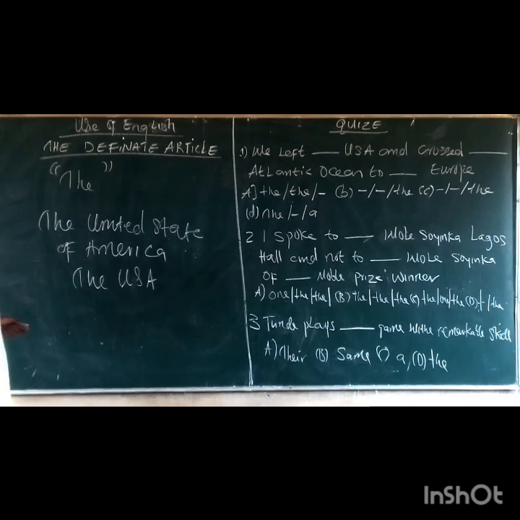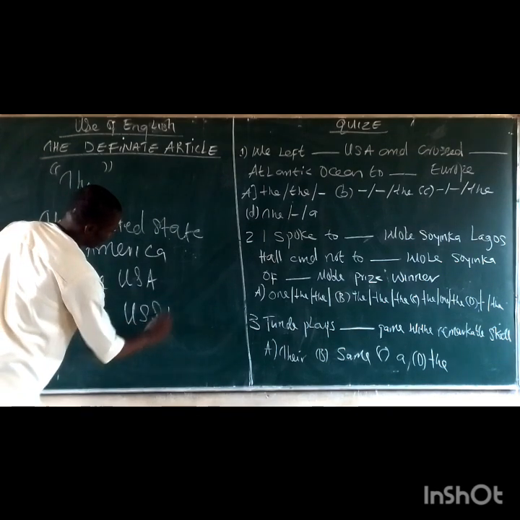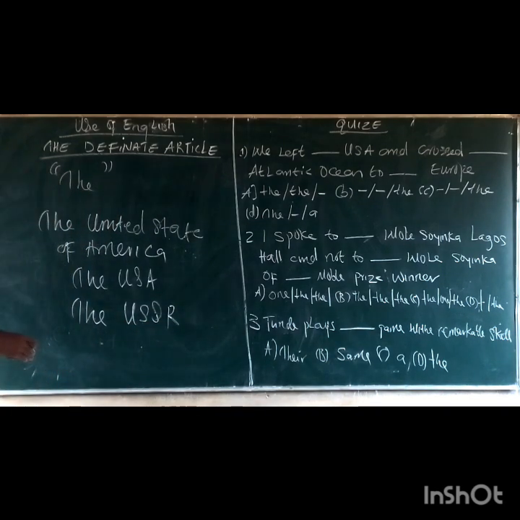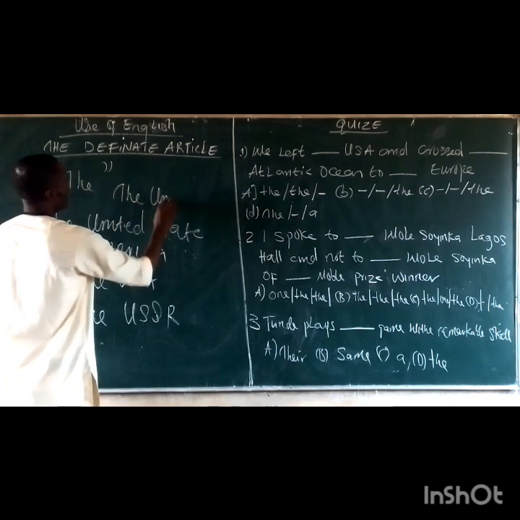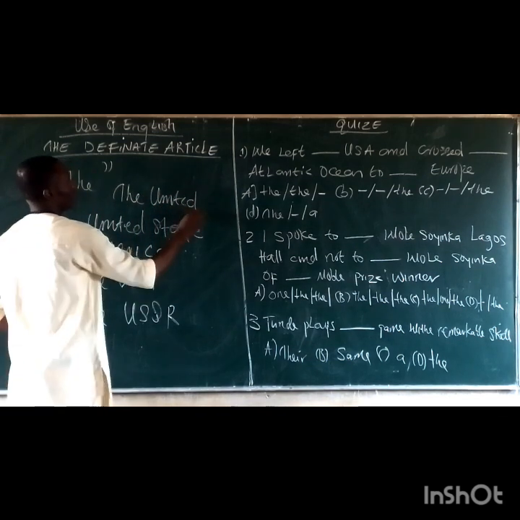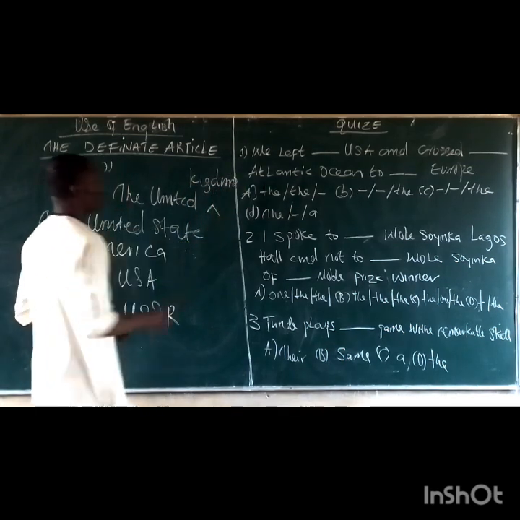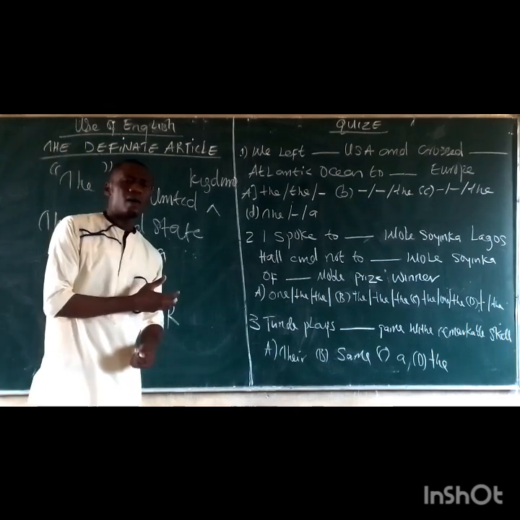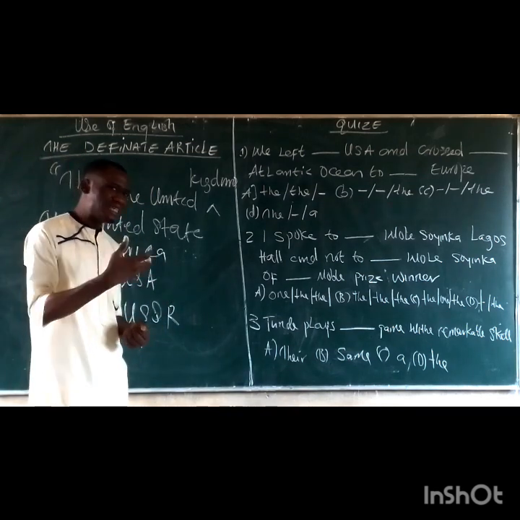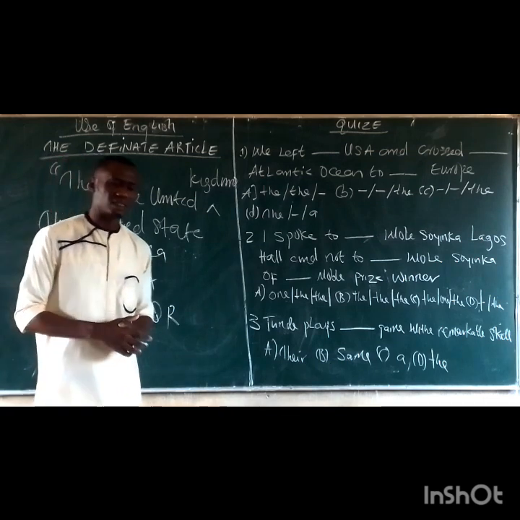You can have the USA. You can have the USSR. You can have the United Kingdom. Now, all those are nouns that attract D to it. They are known as definite articles.